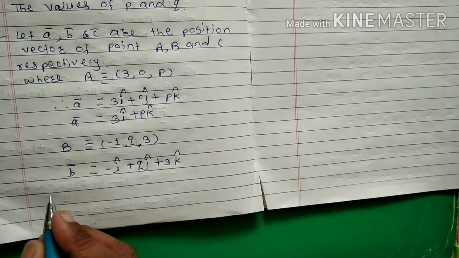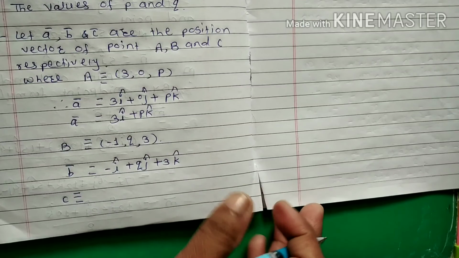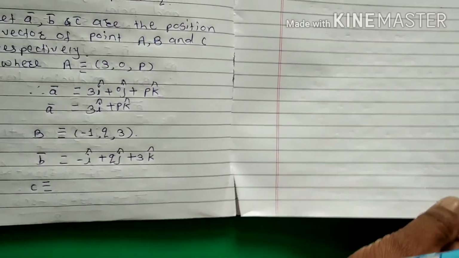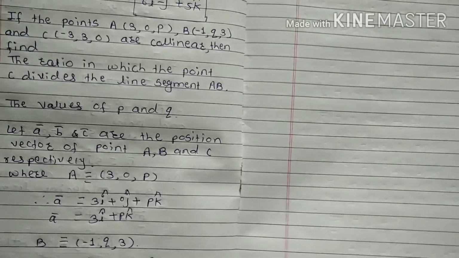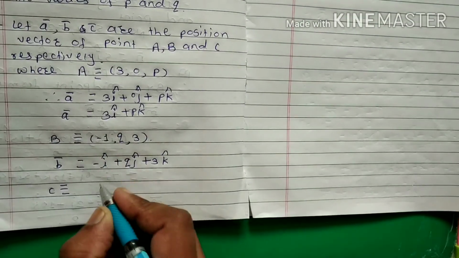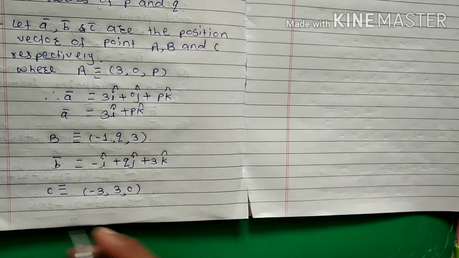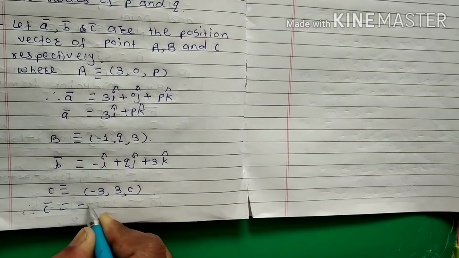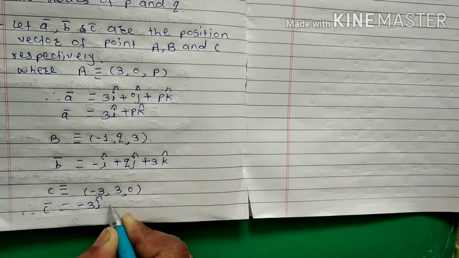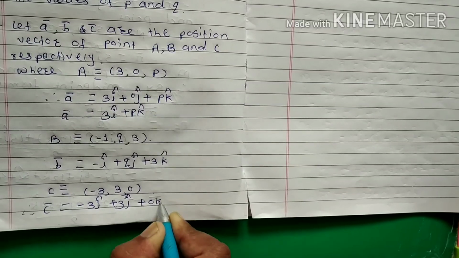Then the last point C is equivalent to (-3, 3, 0). That is, the value of C is (-3, 3, 0), as given. Therefore, the value of C bar is equal to minus 3 i cap plus 3 j cap plus 0 k cap.